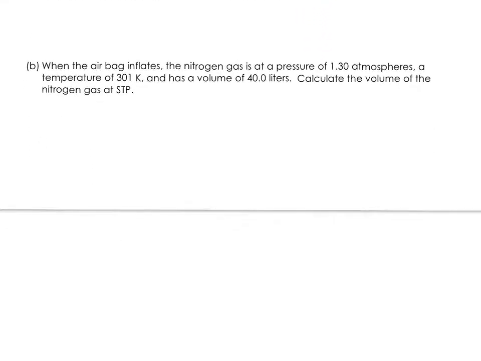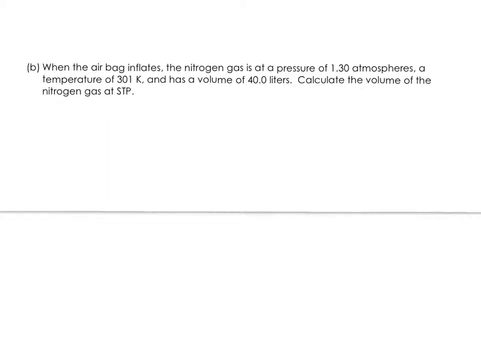All right, now, when the airbag inflates, the nitrogen gas is at a pressure of 1.3 atmospheres, a temperature of 301 Kelvin, and a volume of 40. Calculate the volume of the gas at STP. All right, so my P1 is going to be my 1.3 atmospheres.